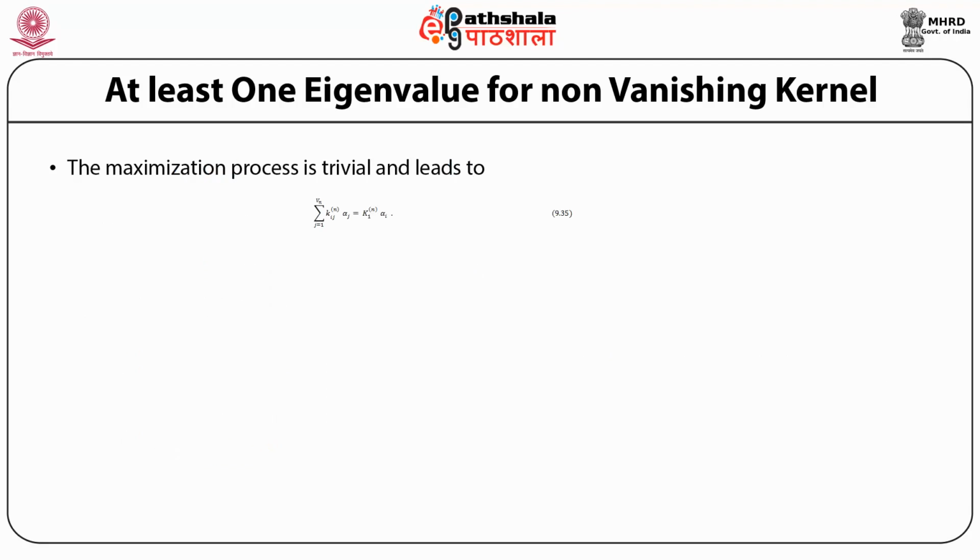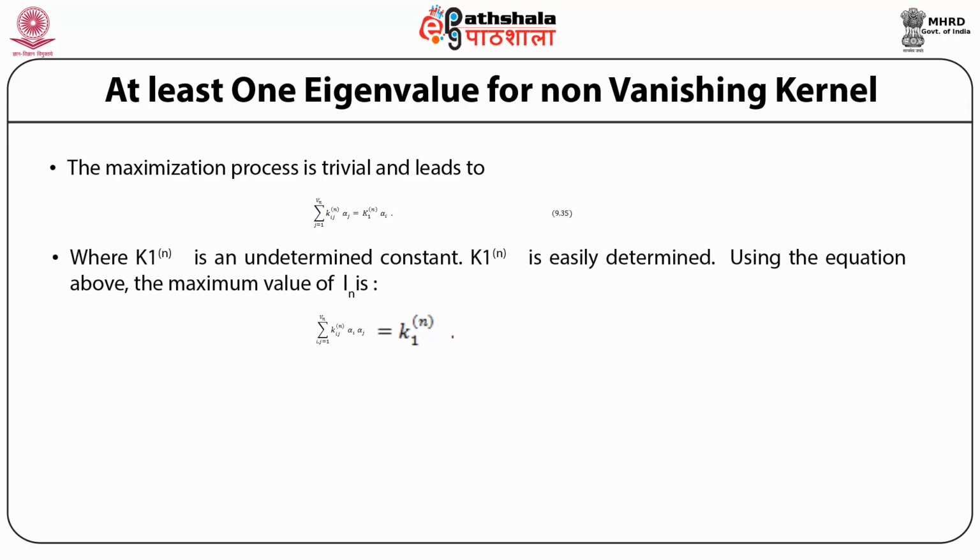Here k_1n is an undetermined constant, and k_1n is easily determined using the equation above. The maximum value of I_n is the sum over i and j from 1 to V_n of K_ijn α_i α_j, which is equal to k_1n.